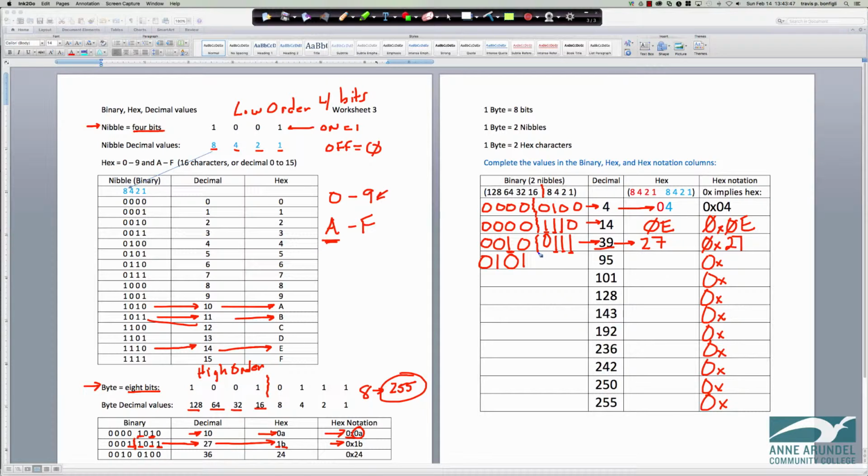So remember, and I'll put that little squiggly down the middle. Remember, 15 is when all 4 low order bits are on. So 0101 1111 is 95 in decimal. Again, we've got 64 plus 16 is 80, plus 8 is 88, plus 4 is 92, plus 2 is 94, plus 1 is 95.